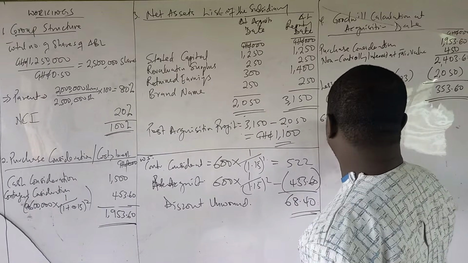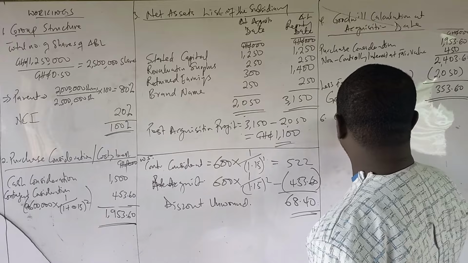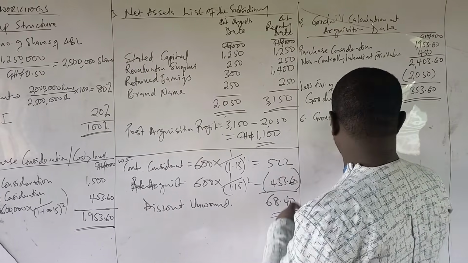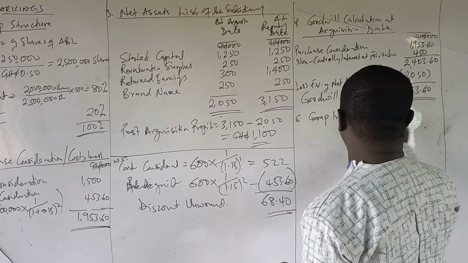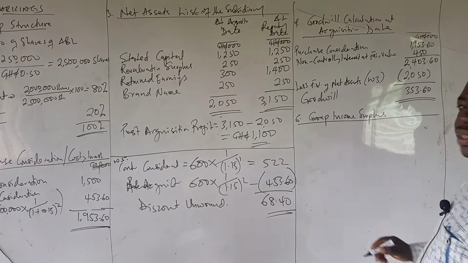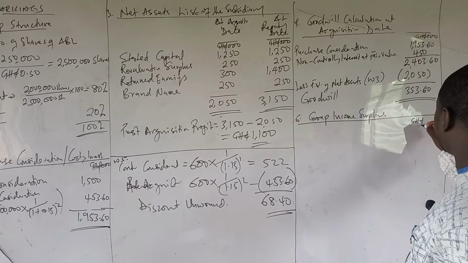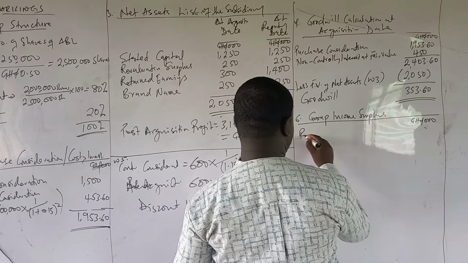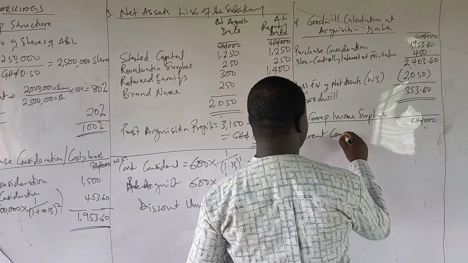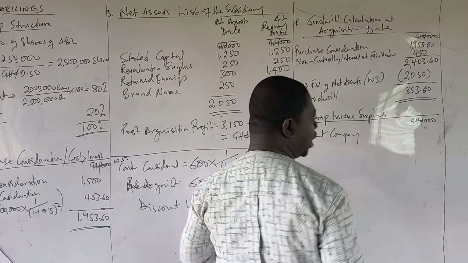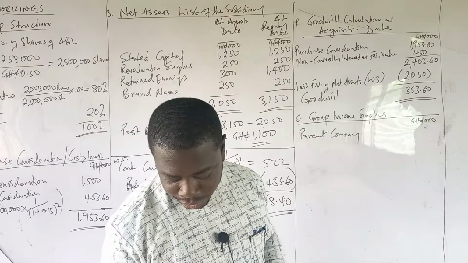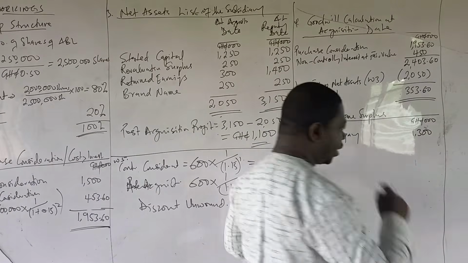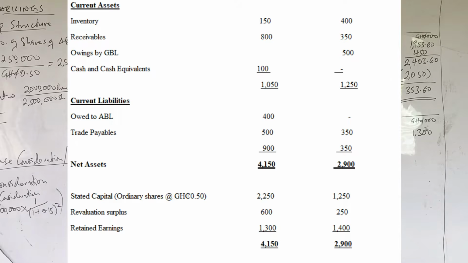So working 6, let me call it group income surplus or consolidated retained earnings. And we said that the group income surplus, let me put my 3 zeros up. The group income surplus is the income surplus of the parent company. So parent company. And the income surplus of the parent company was 1,300 according to the statement of financial position.